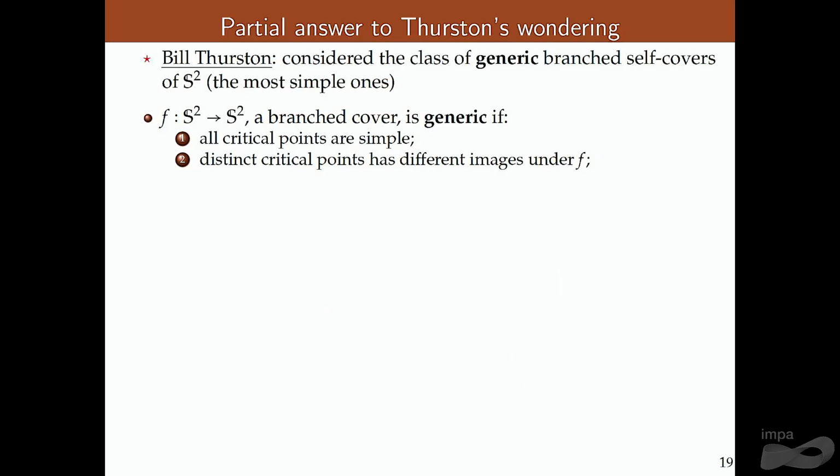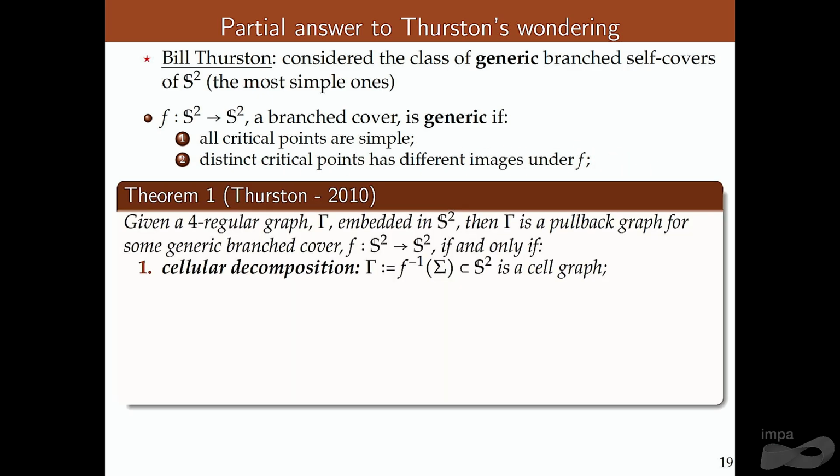As I said, Thurston considered that class of generic branched coverings. All critical points are simple, with degree 2, and the images are distinct. And for that class, he provided an answer to his question, which is the following.